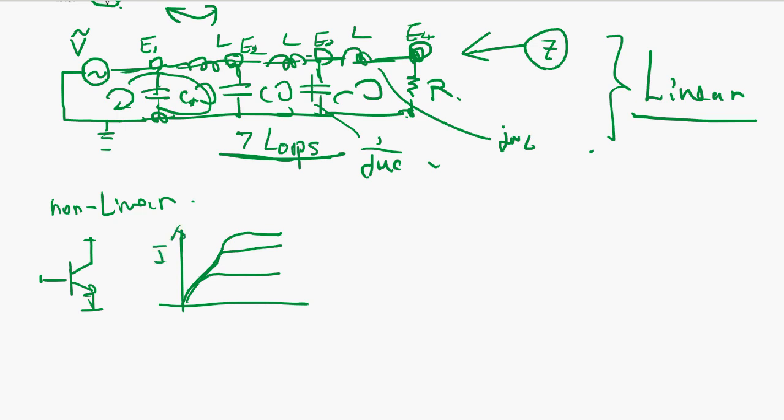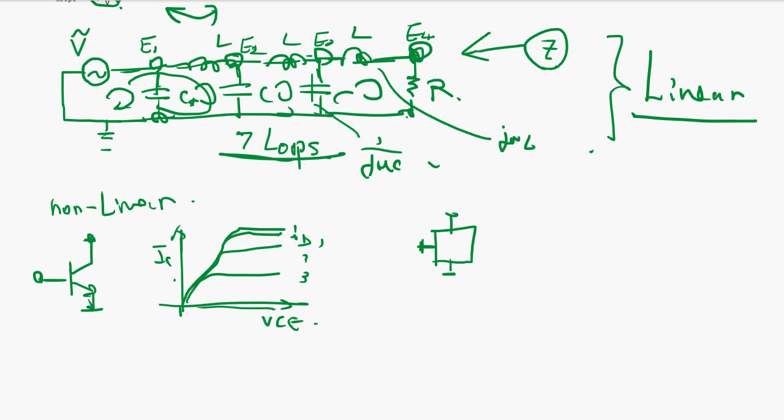This is IC and this is IB, 1, 2, 3. Okay, and this is the VCE, and that's not linear. So how do you handle this? Well, you have a nonlinear component. In this case, it has 3 terminals.